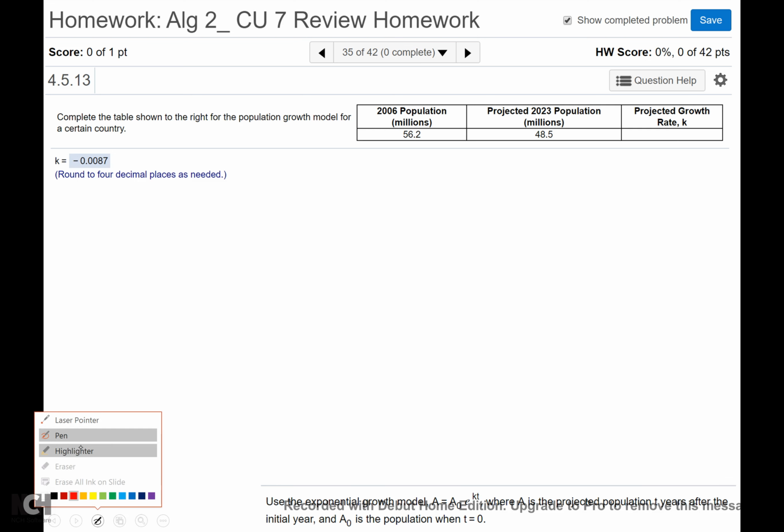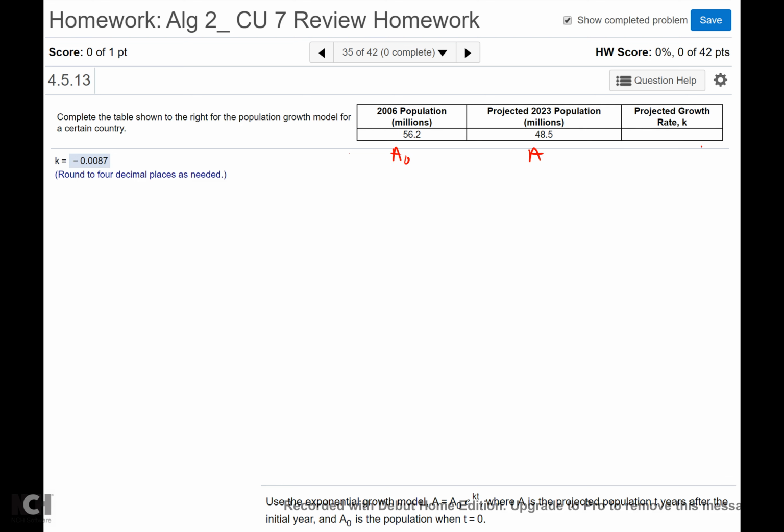I apologize very badly. Alright, so again, this would be my A sub naught, this would be my A. We're looking for k, and t would be 17 years because 2023 minus 2006 is 17 years. Let's try this again.